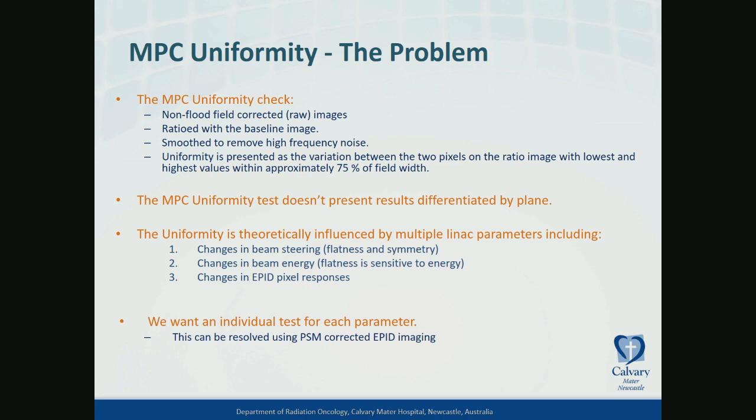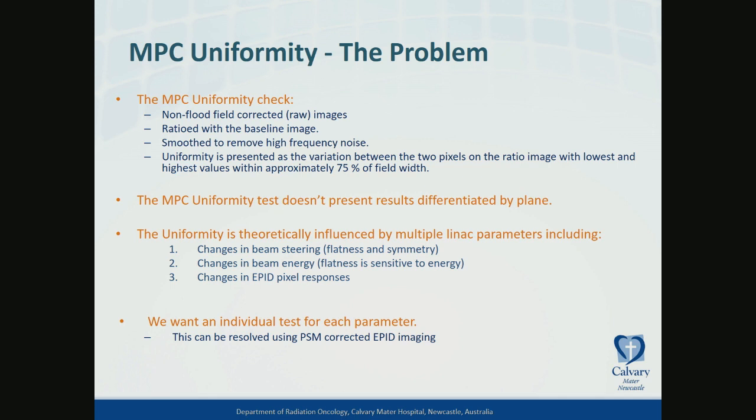Also, as I've mentioned, the uniformity check is theoretically influenced by multiple Linac parameters which confound each other, which theoretically include changes in beam steering, i.e. flatness and symmetry, changes in beam energy because your flatness is sensitive to energy, and also changes in your EPID panel's performance via changes in its pixel responses. Now what I'd suggest is that what we actually want is individual tests for each of these three parameters, not one test which confounds them all.